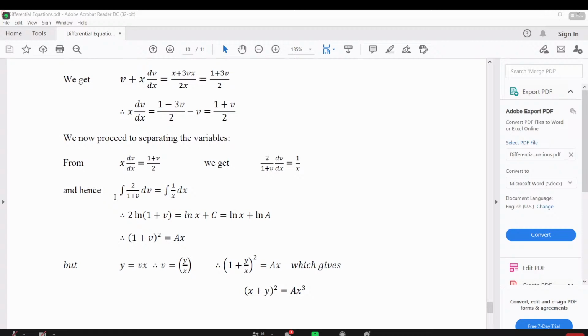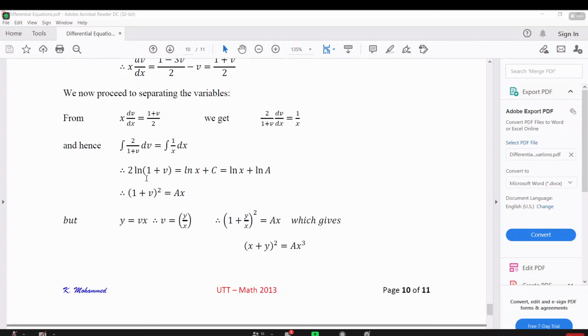Otherwise, you have to use your integration skills. All right. And then, of course, we get to this answer here, 1 plus v squared. Well, this line here, as I said, is extra. This is the line that we can stop at, for examination purposes: 2 ln(1 plus v), because that's the integral on the left-hand side, is equal to ln x on the right-hand side plus c. All right?